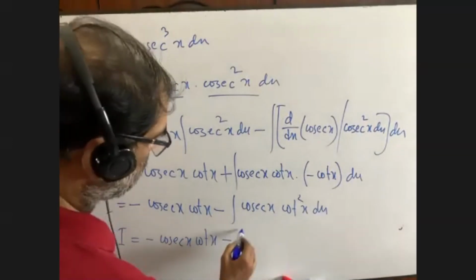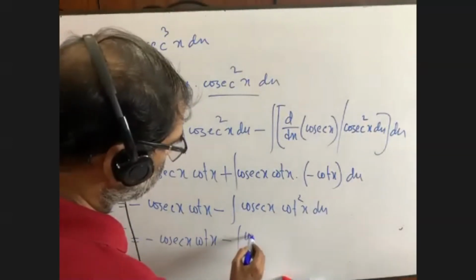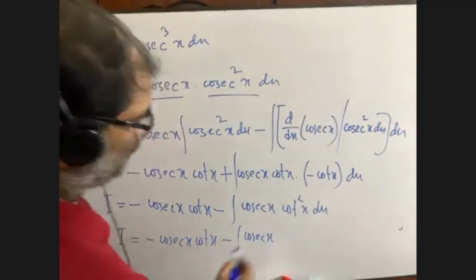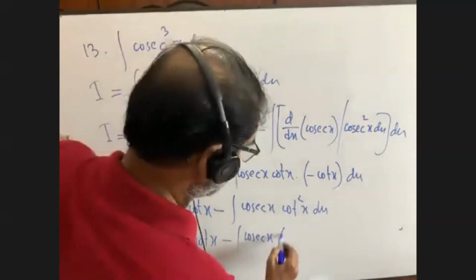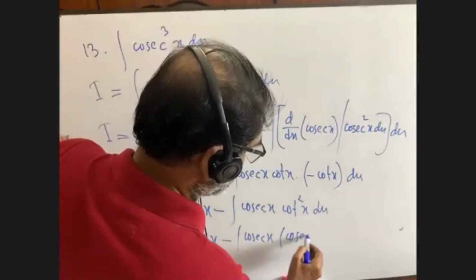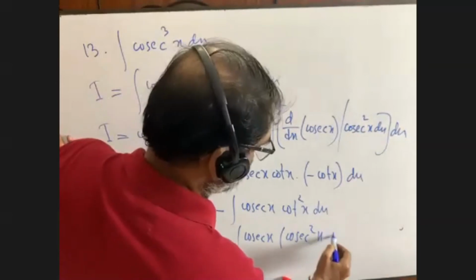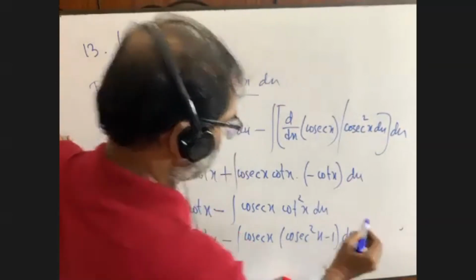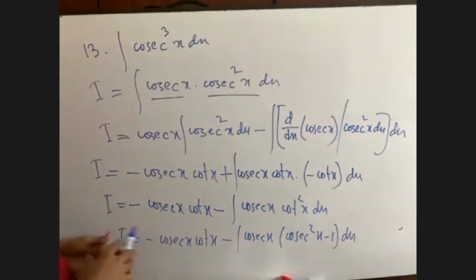It can be written like this: cosec x. What is cot square x? Talk to me. Cosec square x minus 1. You are required to talk to me.